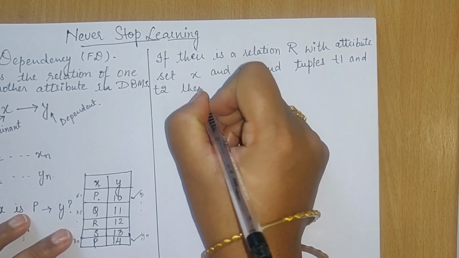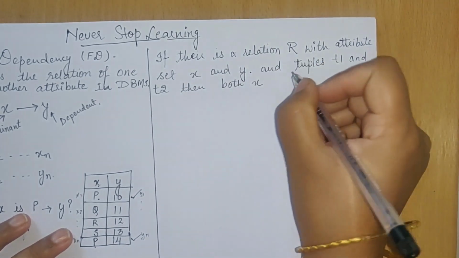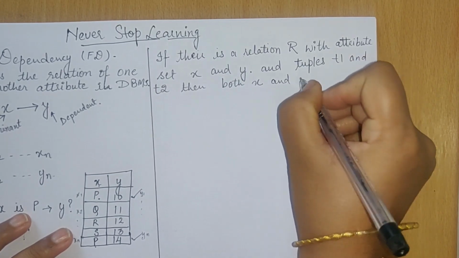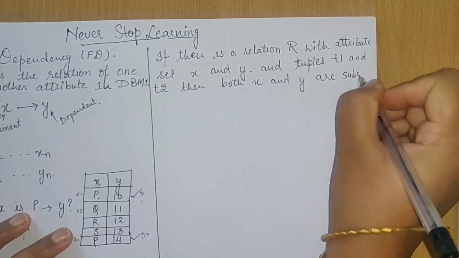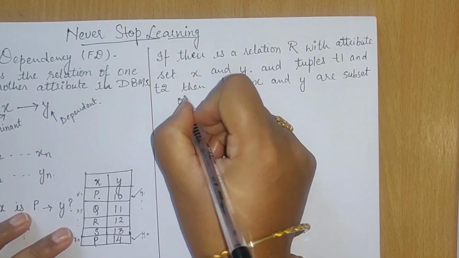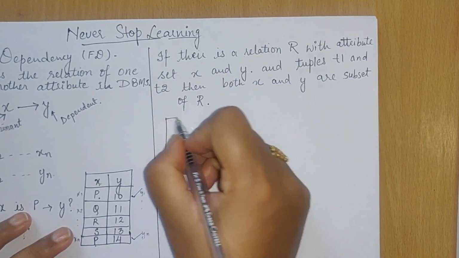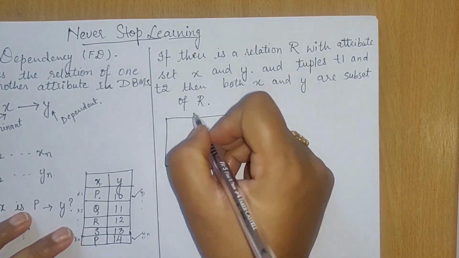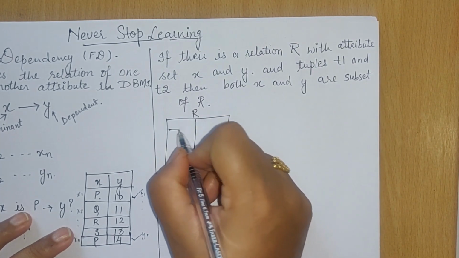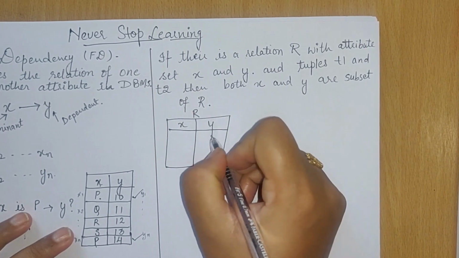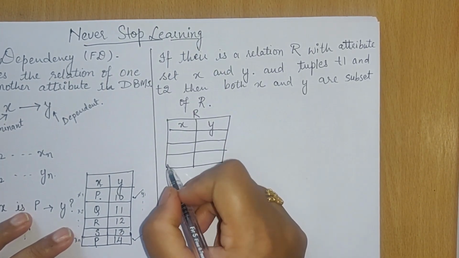Then both X and Y are subsets of R. Fine. So if there is a relation R, something like this, with attribute sets X and Y, that means I have two attributes X and Y, and inside here I have tuples.